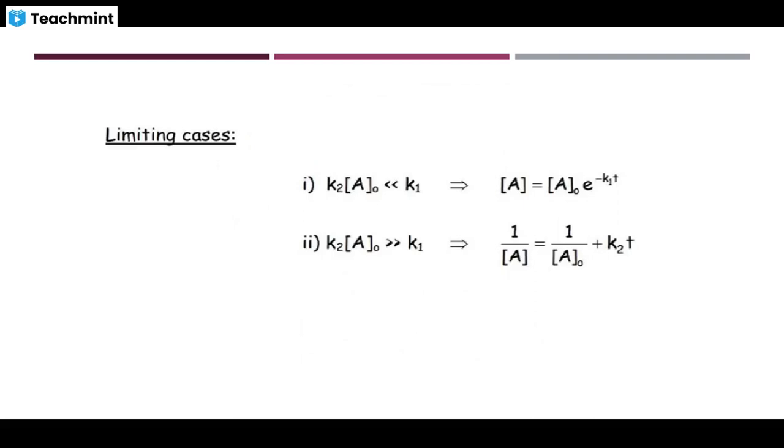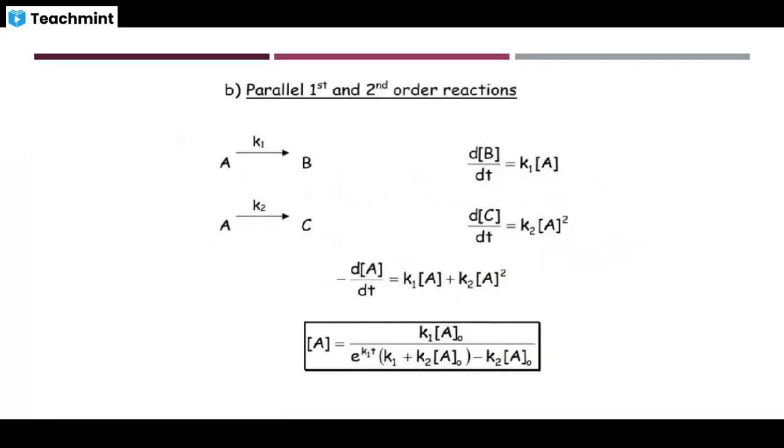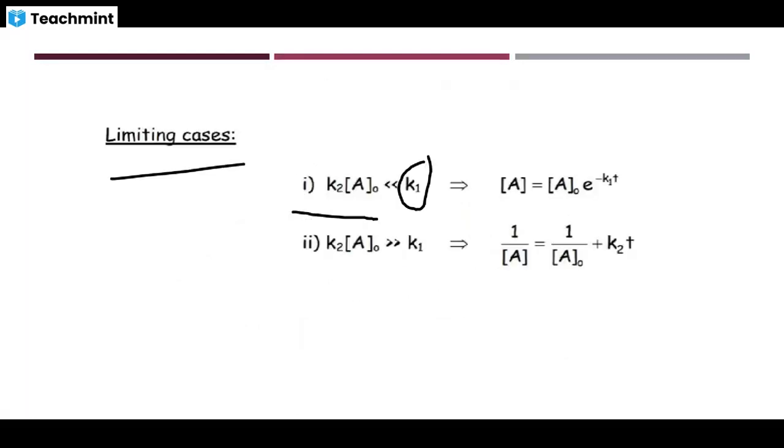Limiting cases: when the K1 rate is very fast, what happens? When K1 is very fast, then A is A naught e power minus K1t.